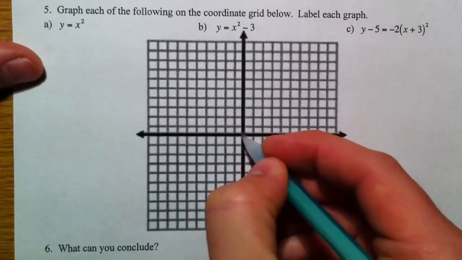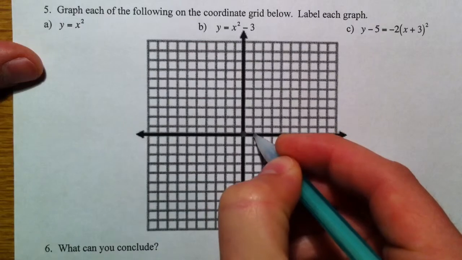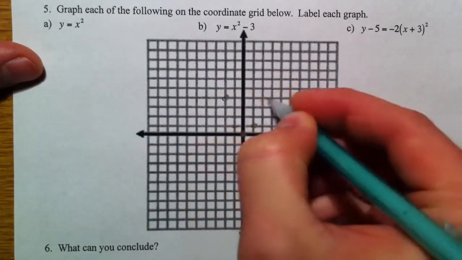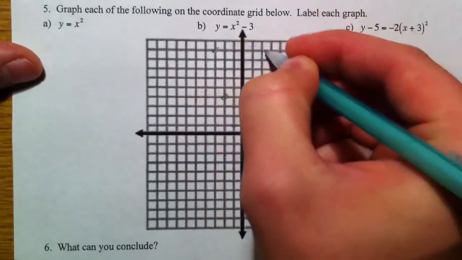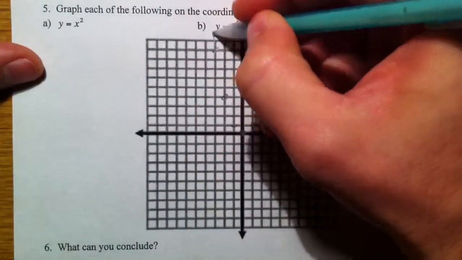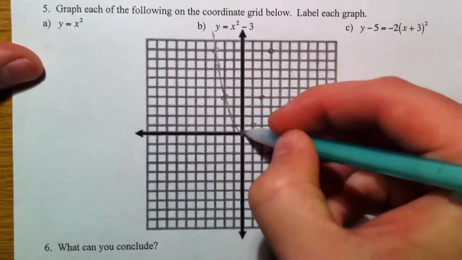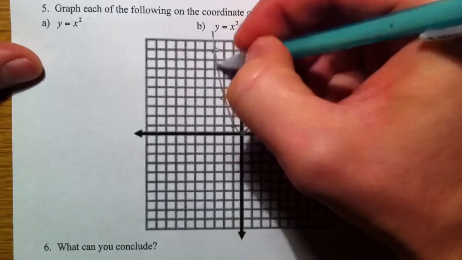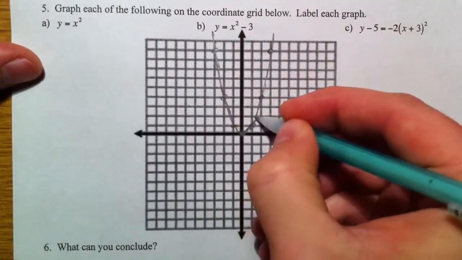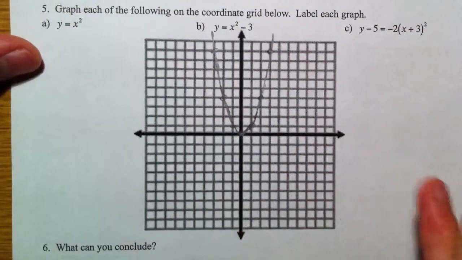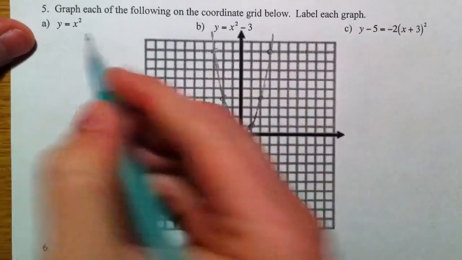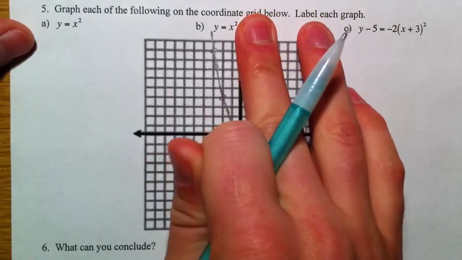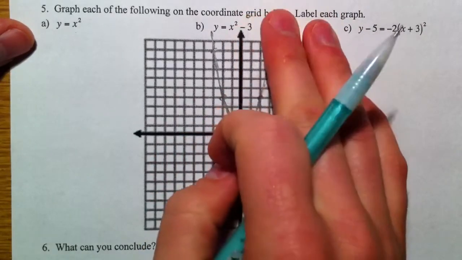Let's do the same thing. 1 squared, 2 squared, 3 squared is 9. Alright, so, x squared, same thing still. x squared minus 3. Imagine the 3 wasn't there. It'd look the same. Imagine you subtract 3 from everything.